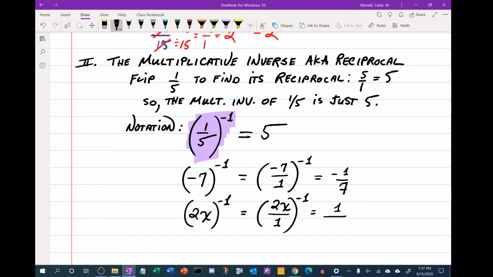1 over 2x. So guys, let's keep in mind, I know there's a lot being thrown at you. This green thing is equal to this green thing over here. So 2x raised to the power of negative 1 is equal to 1 over 2x.